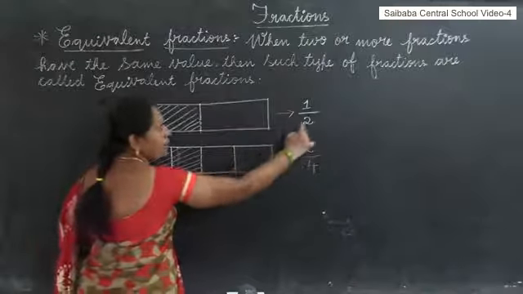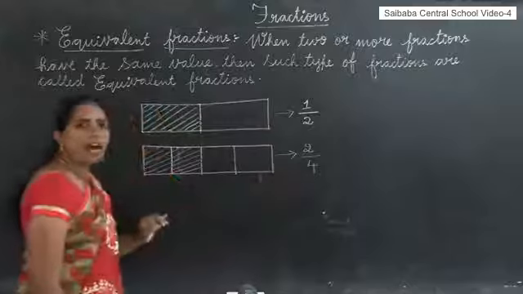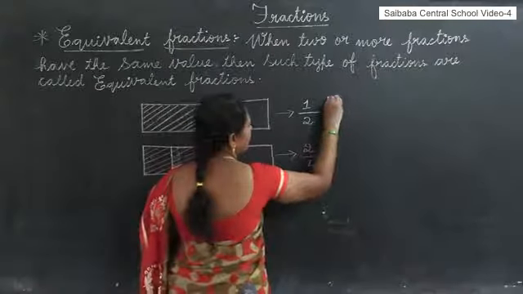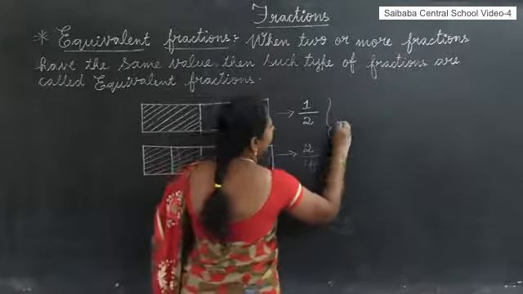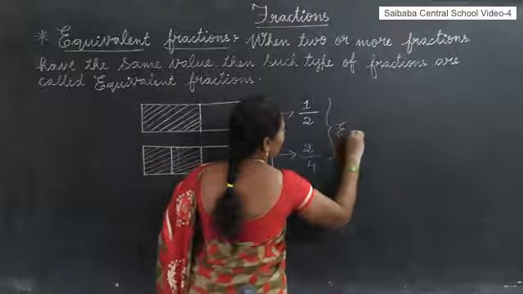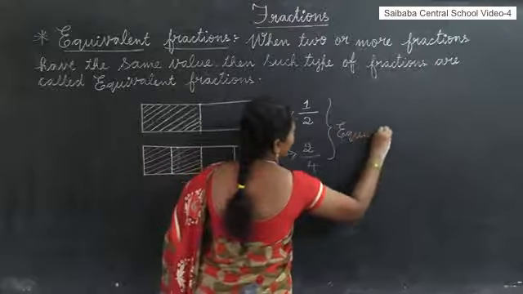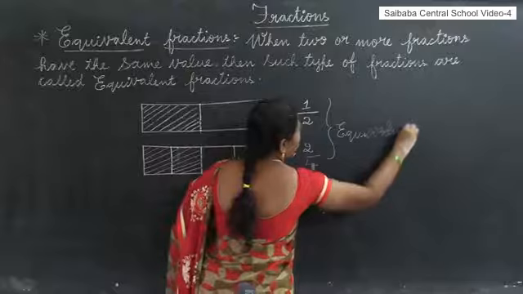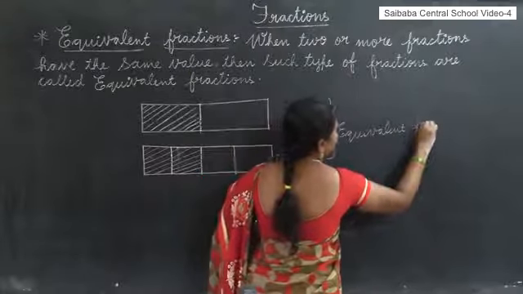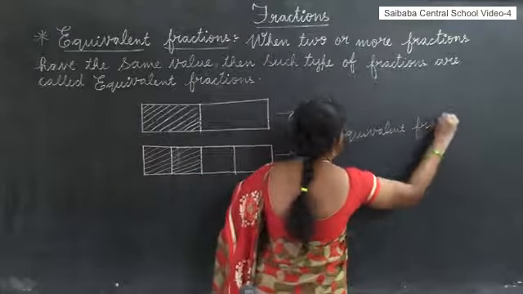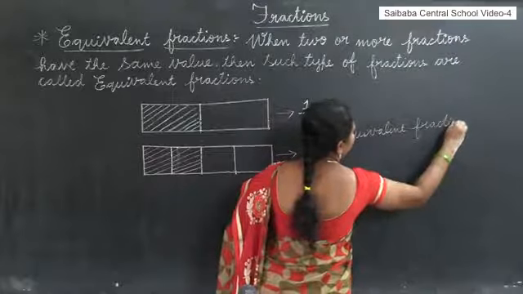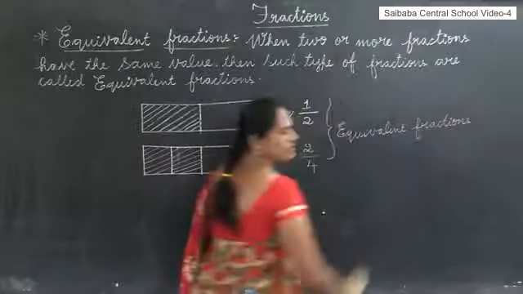Now, 1 by 2 and 2 by 4 are equivalent fractions.